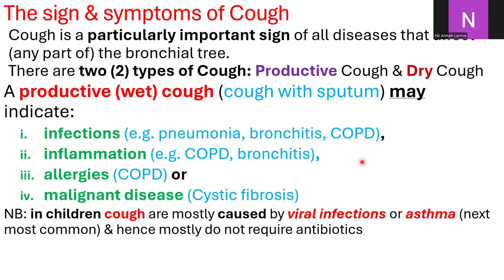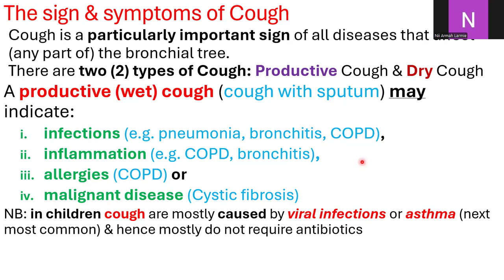And then it can also tell us there is cystic fibrosis, or it could tell us the presence of a malignant disease. We should note that for children, when we think about infections, normally we think about viral infection and we think about asthma. The primary infection that we look for in children is viral infection. And if it is not a viral infection, it could also point you to asthma.